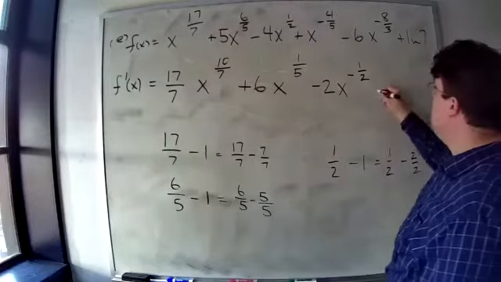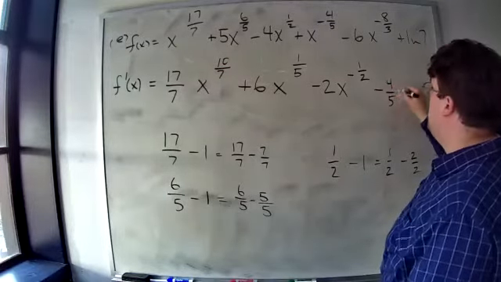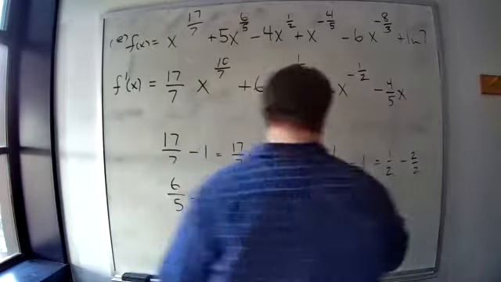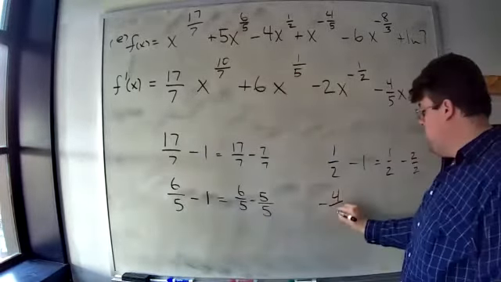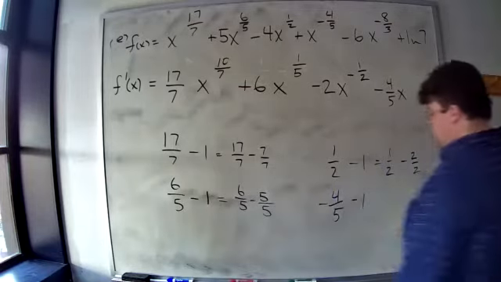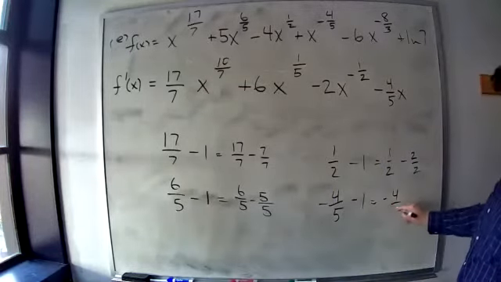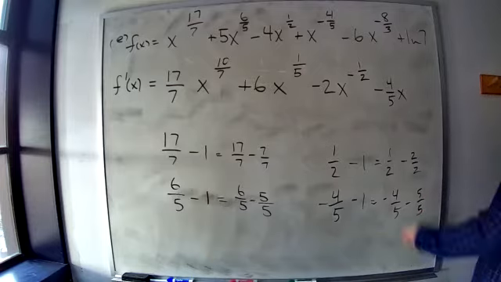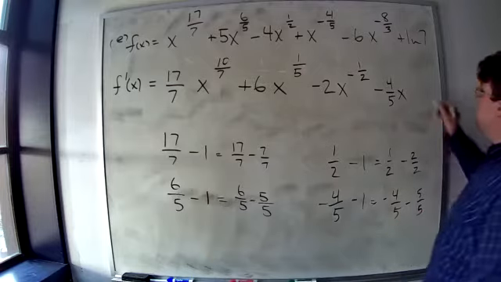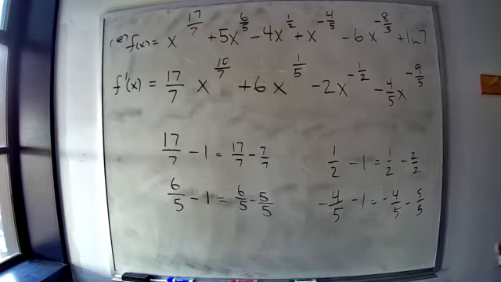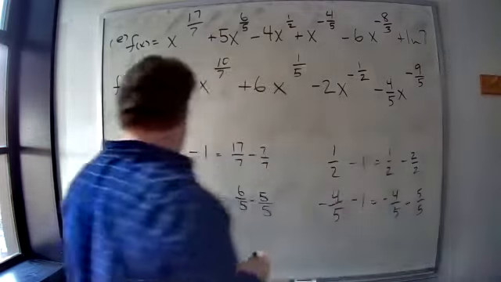Bring the negative 4/5 down. x to the negative 4/5 minus 1. I guess I'll write that here. Negative 4/5 minus 1. Well, 1 is 5/5. So we have negative 4 minus 5. Negative 4 minus 5 is negative 9.